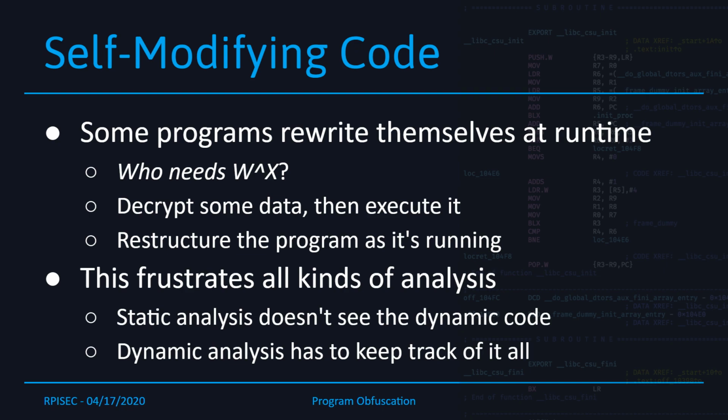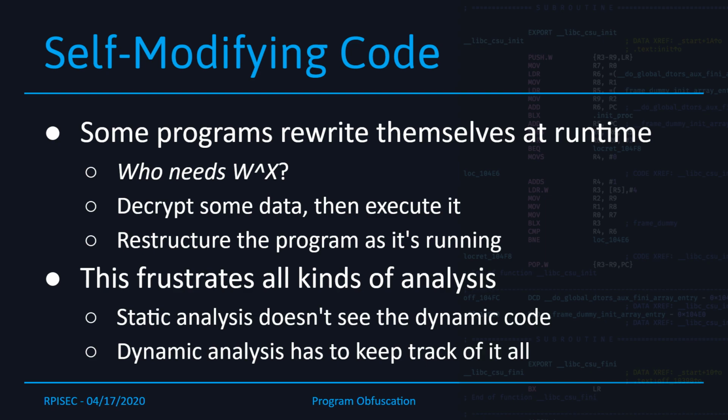So that was stuff that you could still theoretically kind of understand statically. But now we move on to self-modifying code. And this is code that eschews the normal principle of you're either writable or executable. Just do both. So these programs can decrypt data and then execute it.